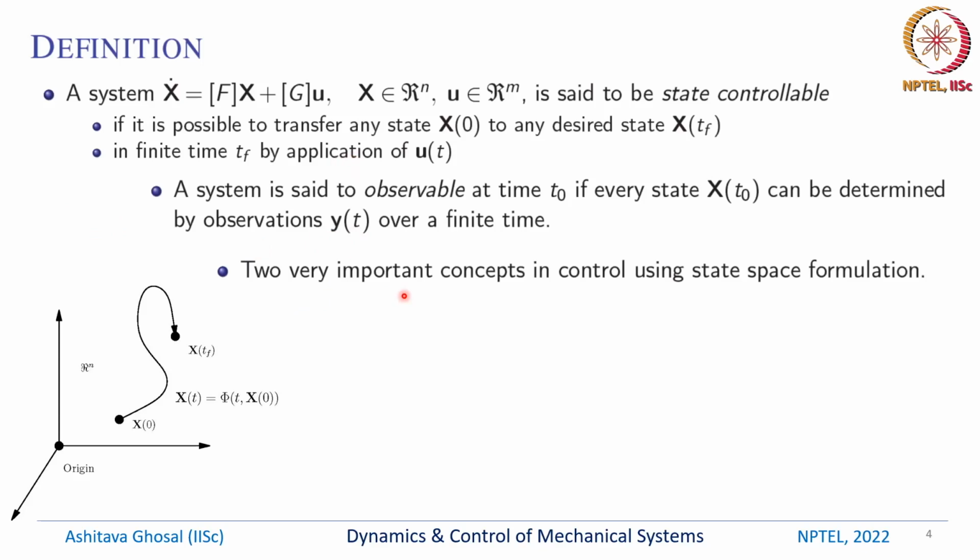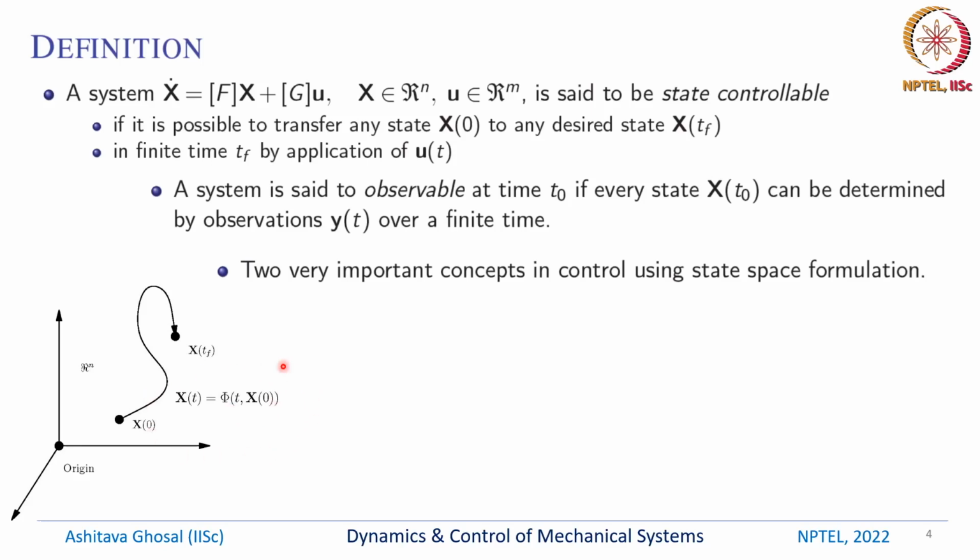These are two very important concepts in control using state space formulation. So pictorially, what is happening is we have a state space which is n-dimensional. I want to go from x of 0 to some x of tf. So this is the trajectory. It could be some arbitrary trajectory. And what is x of t? This is that state transition matrix, so it is phi of t comma x0.